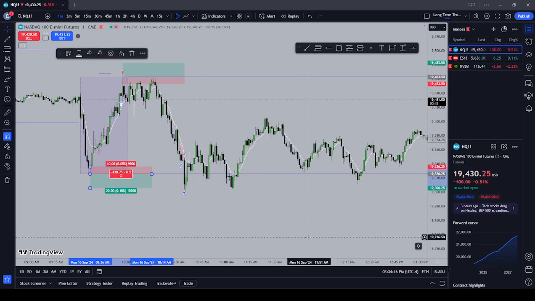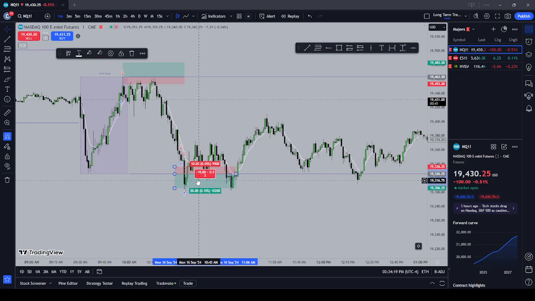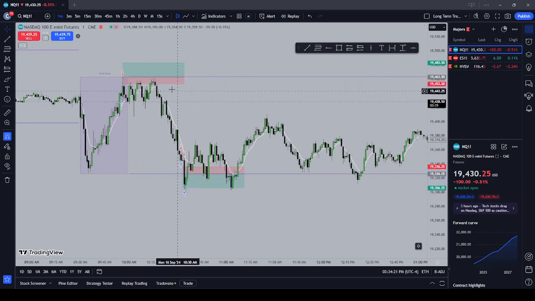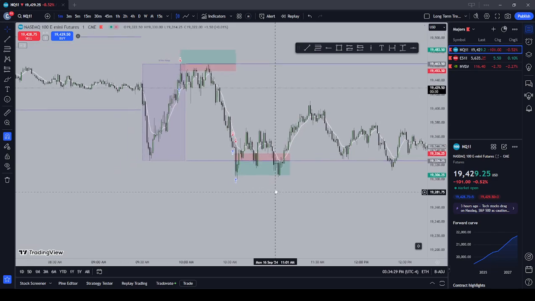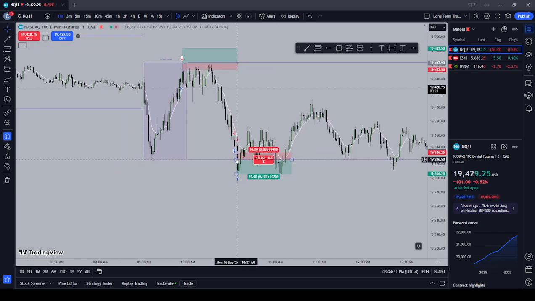It's pretty simple. You can see we got filled on this one. We almost got filled on this one, didn't quite fill on this one. Once we filled on this one, I canceled this order up here because I was done for the day. I had my order set at 326.50.